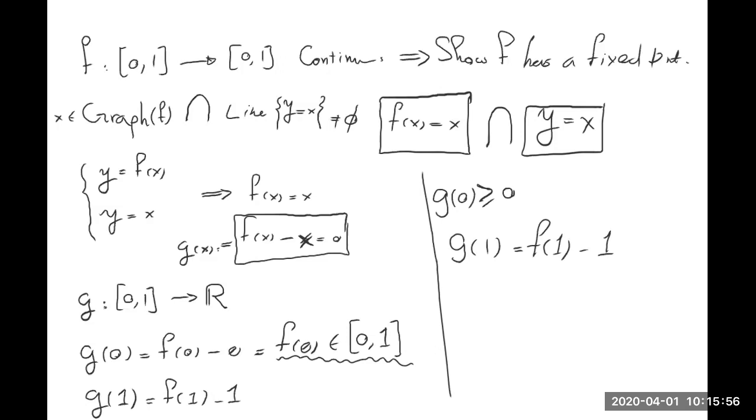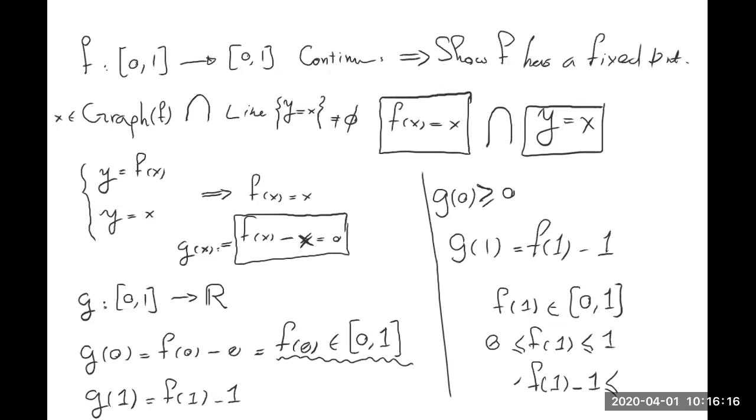The point is that because f of 1 is a number between 0 and 1, f of 1 minus 1 is between 0 minus 1, which is just minus 1, and 1 minus 1, which is 0. And this thing here is g of 1.